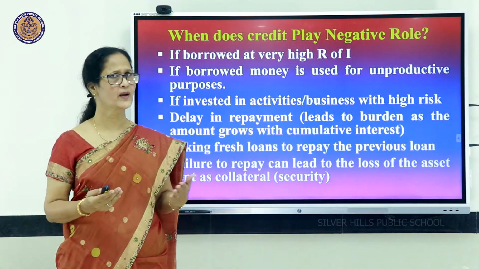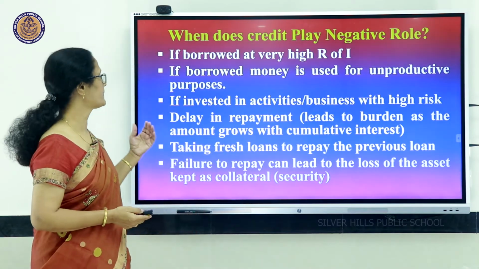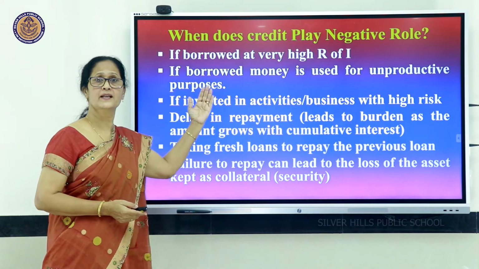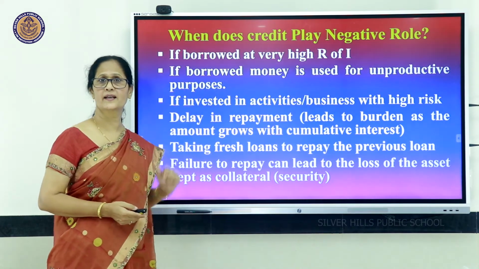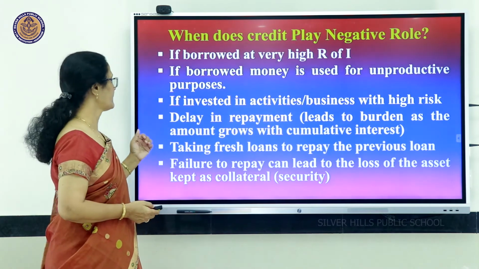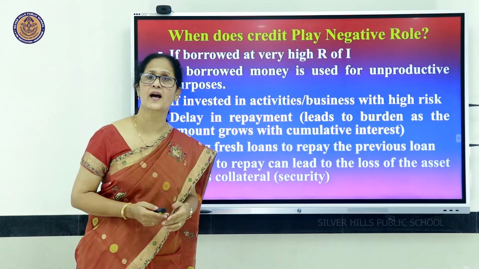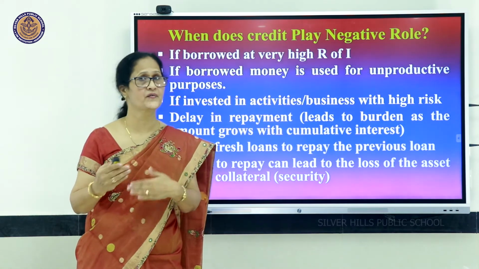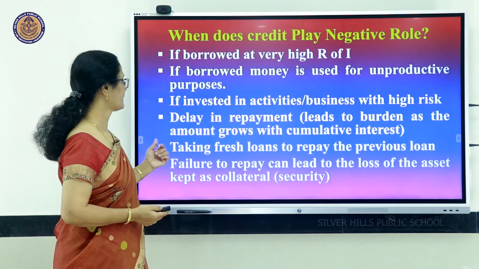Unproductive means there is no income coming from that activity. So, if borrowed money is used for unproductive purposes, credit can play a negative role. If invested in activities or business with high risk of failure, then also credit can be negative.